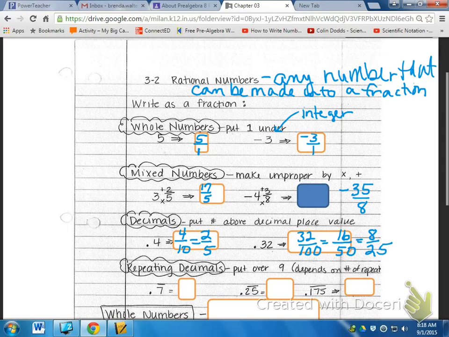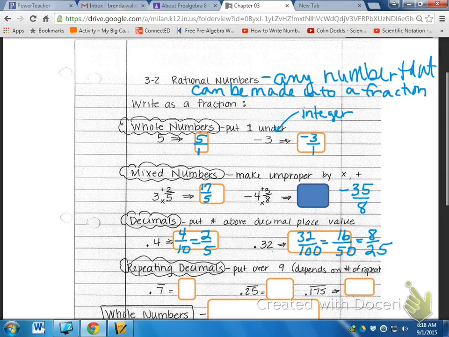Now, we could have gone from the 32 over 100 straight there if you recognize that 4 went into both of those, or there's nothing wrong at all with what we just did, dividing out 2 until you couldn't divide anything out anymore. So 8/25. Okay, so anyway, that's how you change any of those numbers to a fraction.